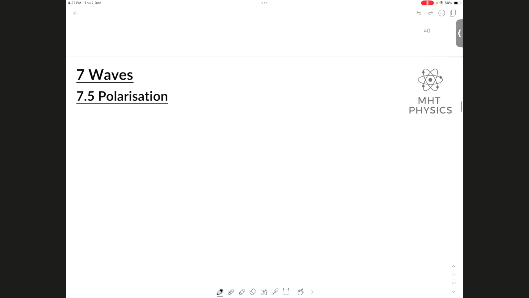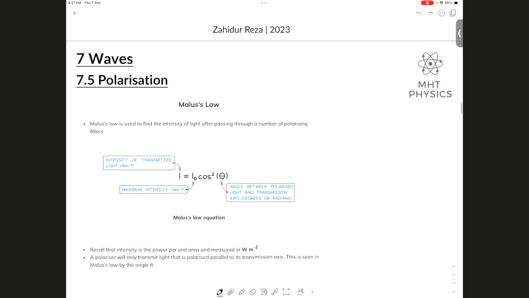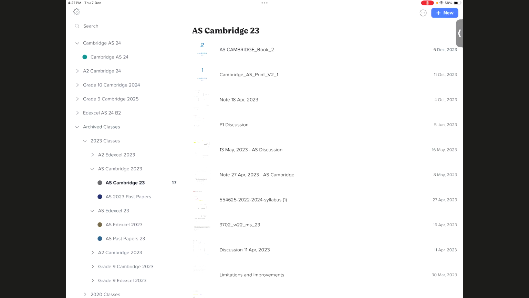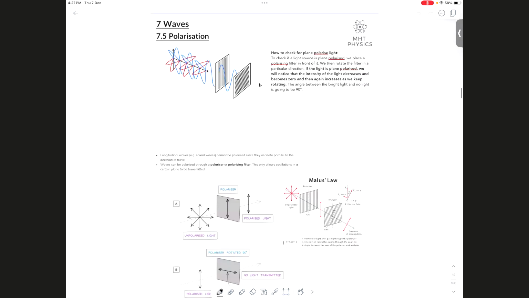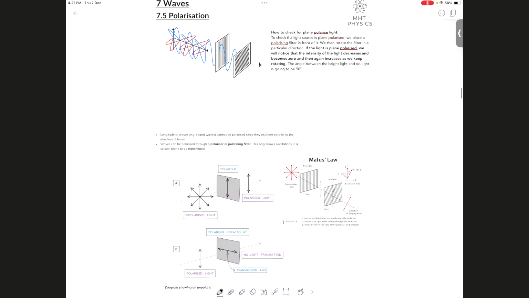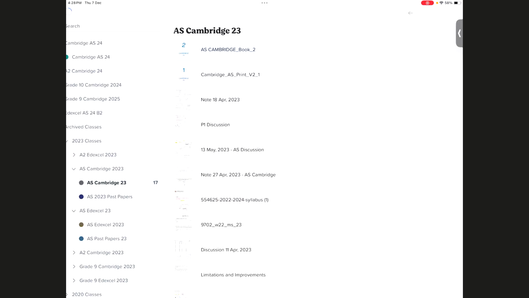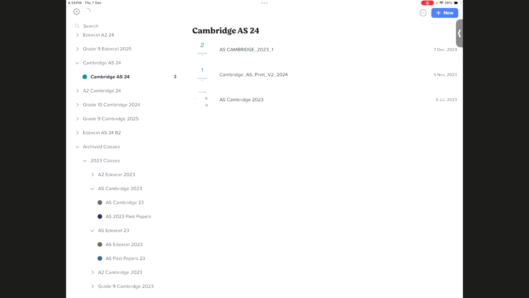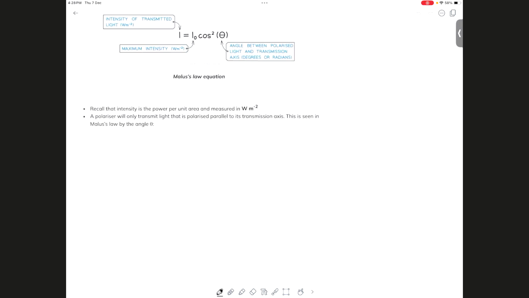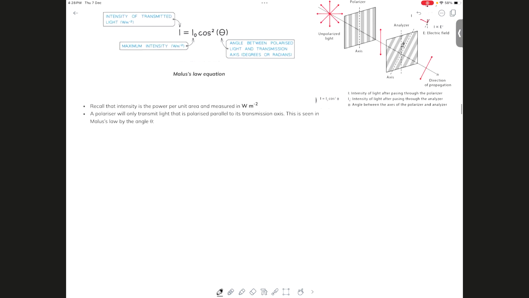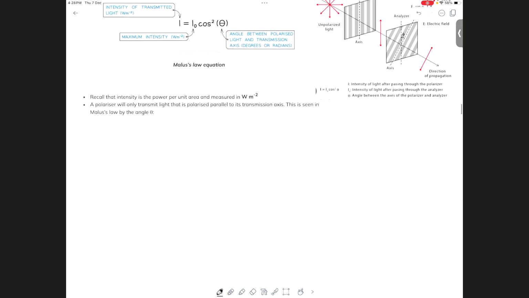Okay, let's move on. What you have to do is go to page 42. Okay, let's try to understand the equation and what it refers to.